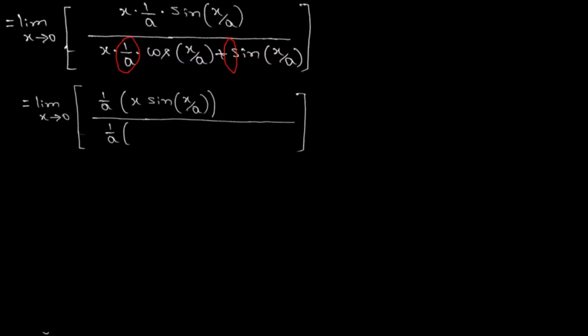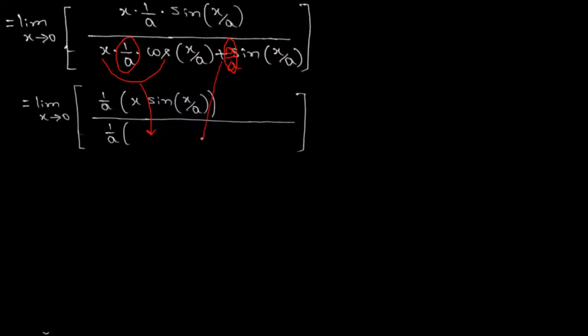if you are planning to take 1 by a from here, it will be like a by a. You have to divide and multiply by a first. Then if you take 1 by a outside, what remains here? X into cos of x by a remains here.